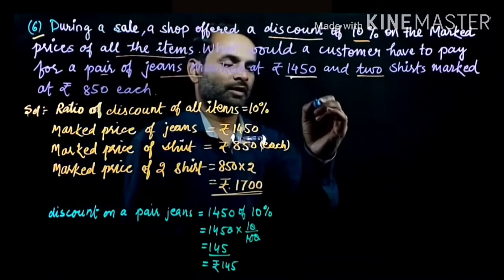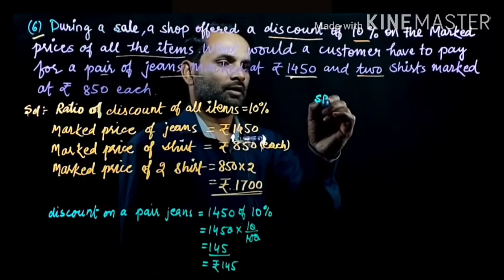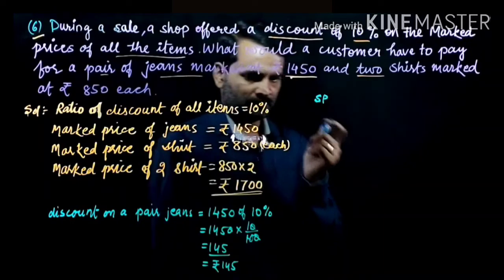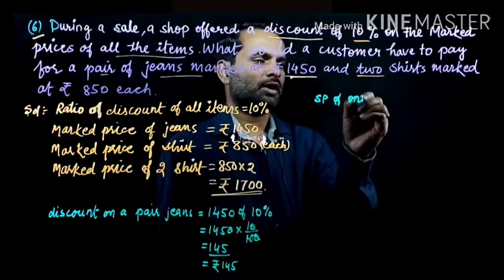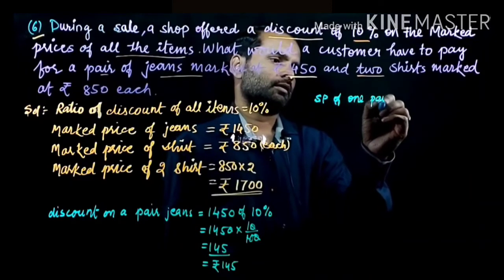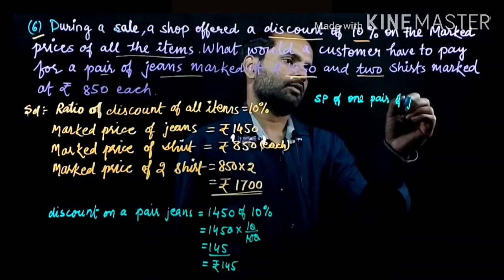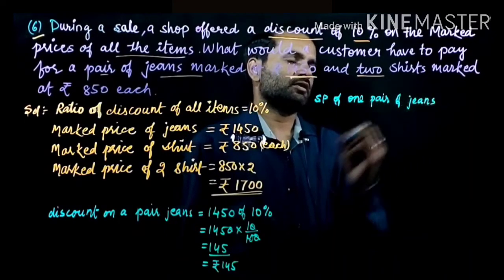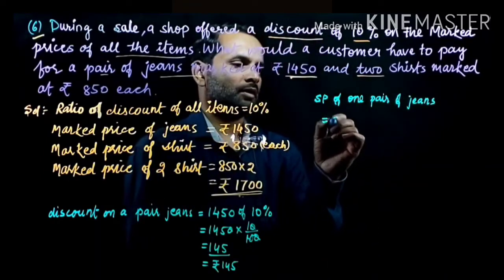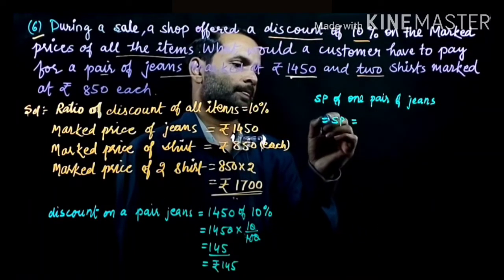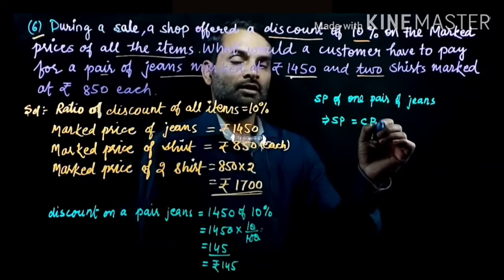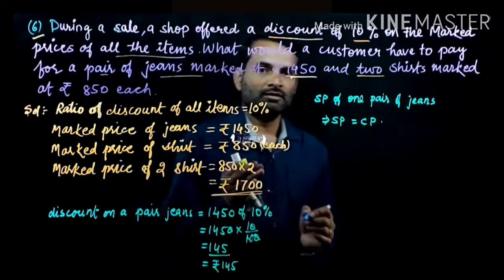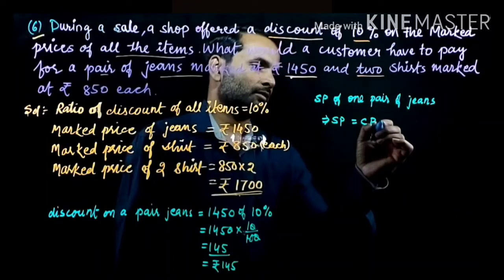Then you find the SP of one pair of jeans. SP is equal to CP minus discount, because discount is the relief of the amount, which means minus.